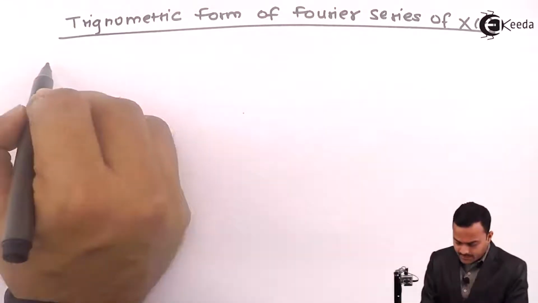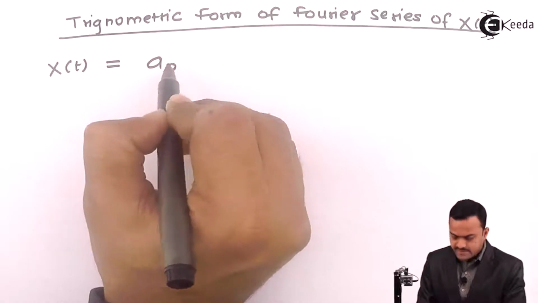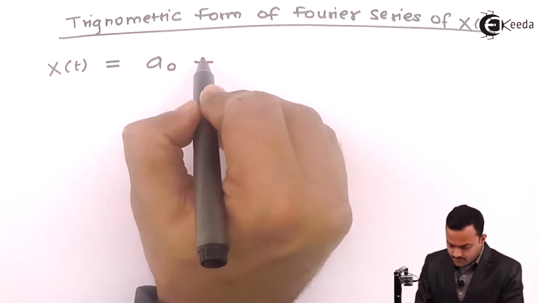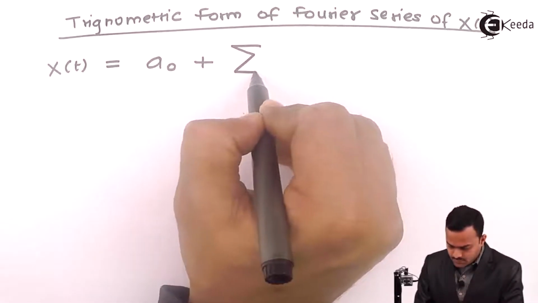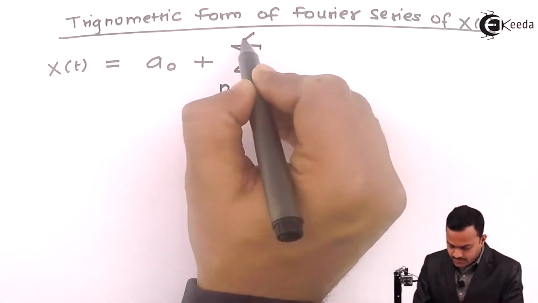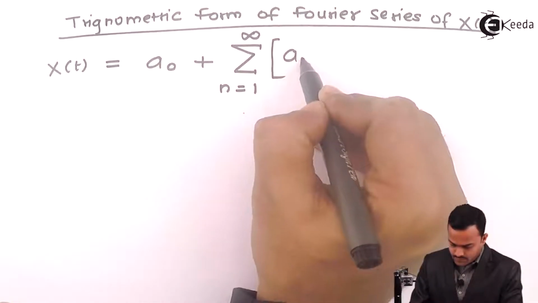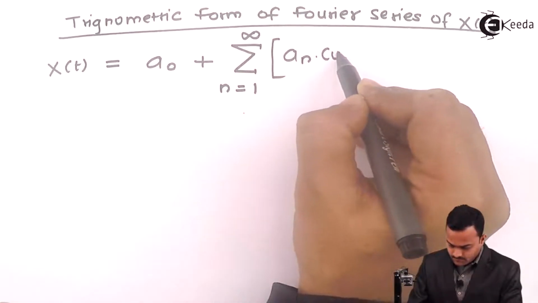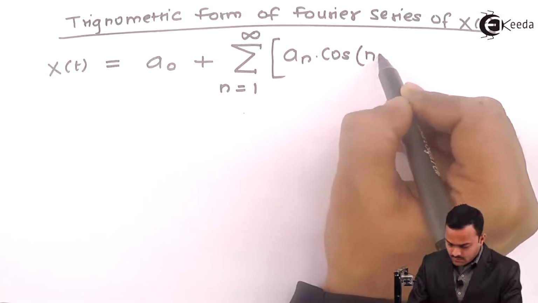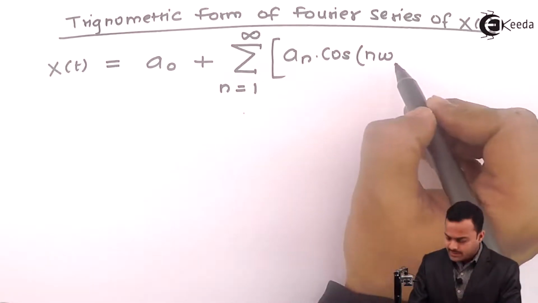So x of t can be represented like this: a DC term a0 plus summation n from 1 to infinity of an cos n omega t plus bn sin n omega t. Here omega, or you can consider omega 0, is nothing but the fundamental frequency.